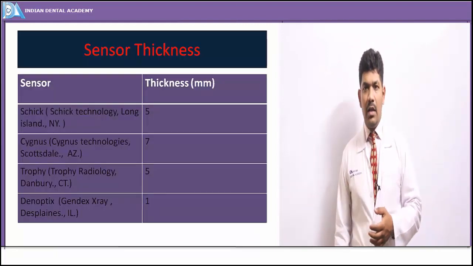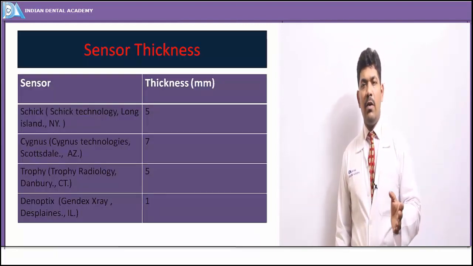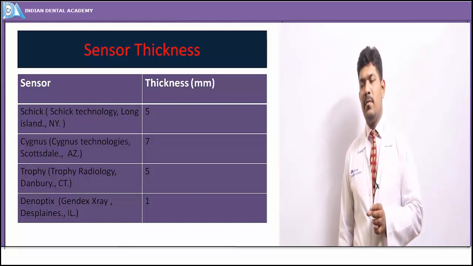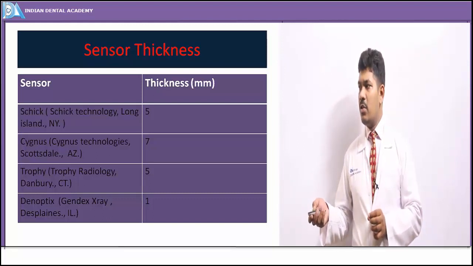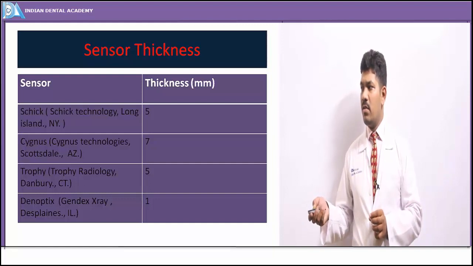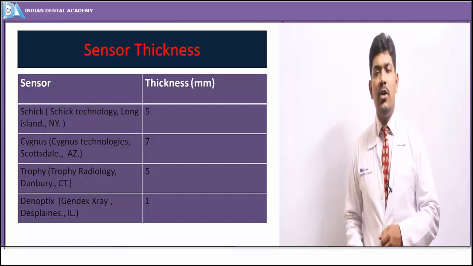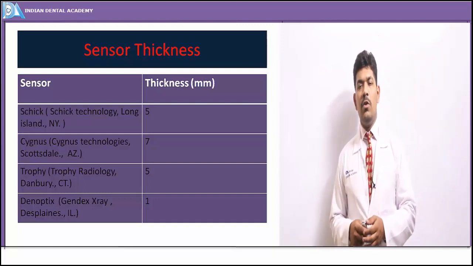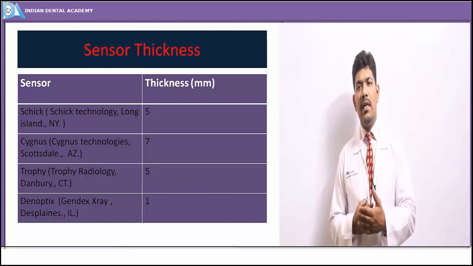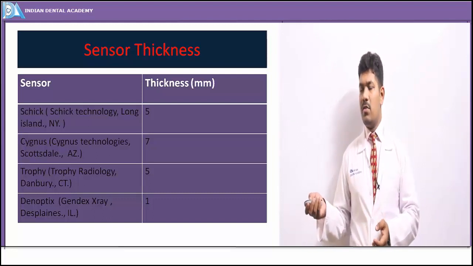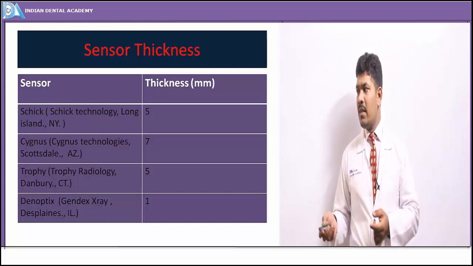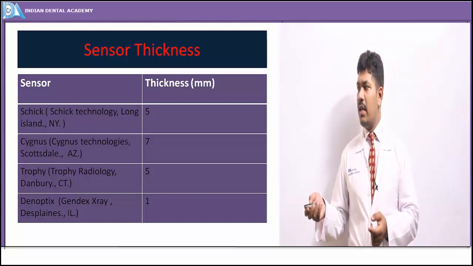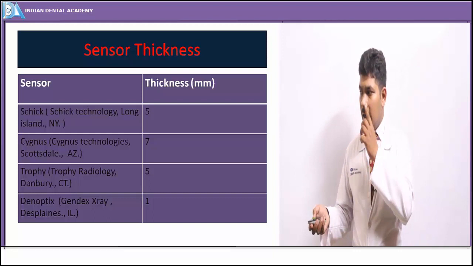Now you can see what I was talking about, the sensor thickness. There's Cygnus, which you can see over here, from Cygnus Technologies from Arizona, that is your CCD sensors, which are very thick and bulky in nature. You can see 7 mm thickness of a single sensor. Then we have Schick from New York and Trophy from Danbury.